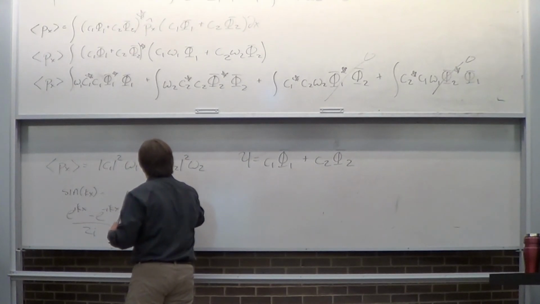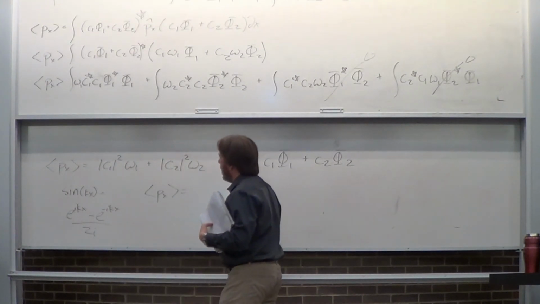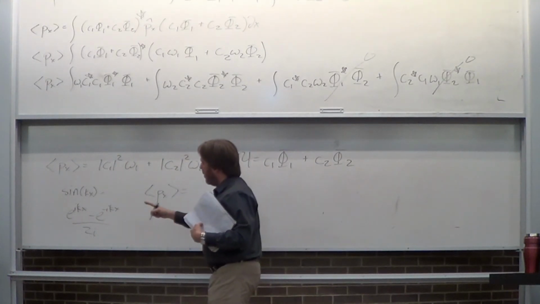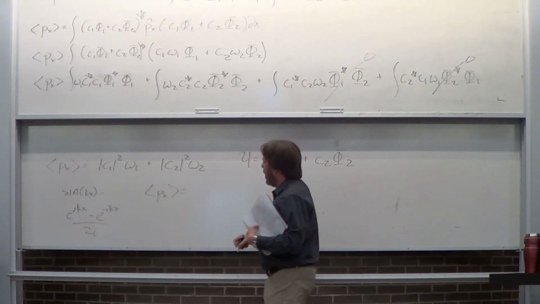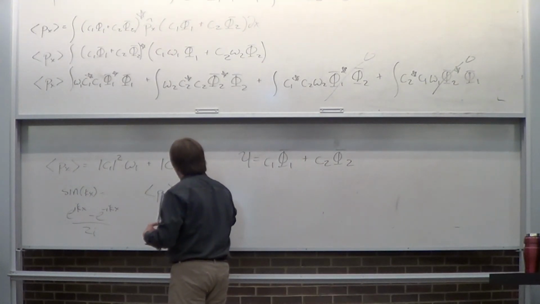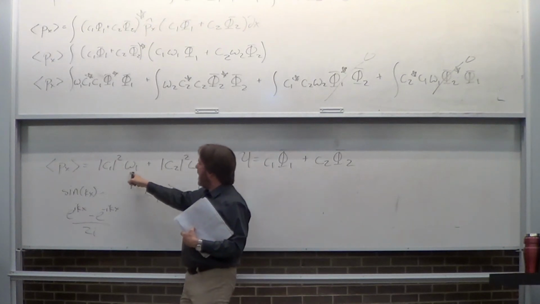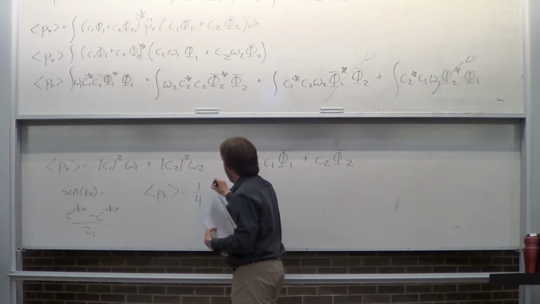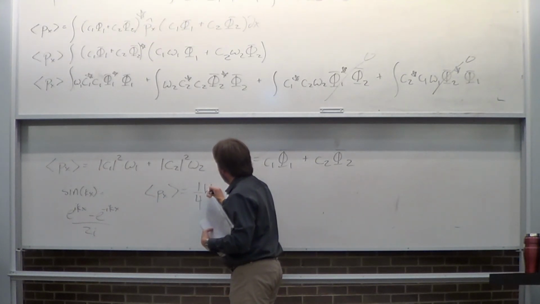px, sorry, I'm going way too fast, but the weight factor is 1 over 2i, and the absolute value squared of 1 over 2i is 1/4. The expectation value of e to the ikx is h bar k.